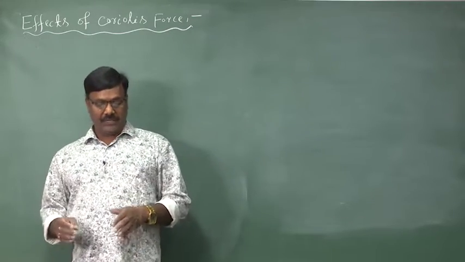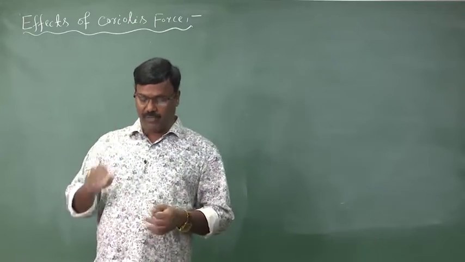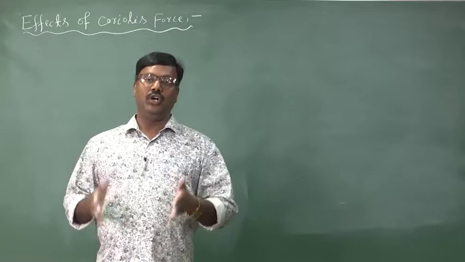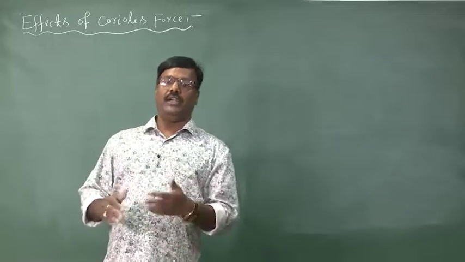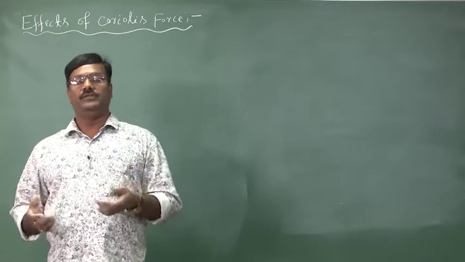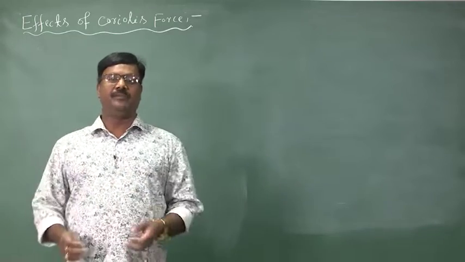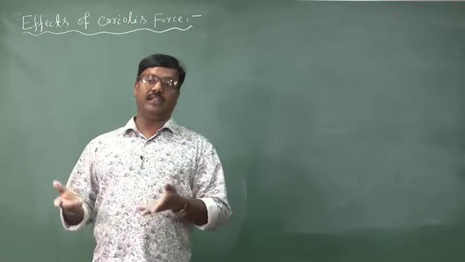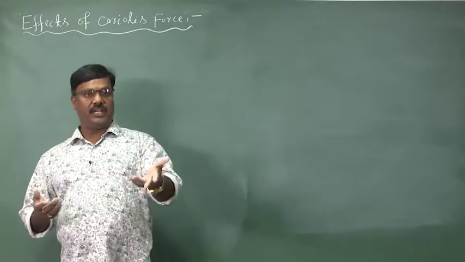And also the rotation of the plane of oscillation of a Foucault's pendulum is affected by the Coriolis force. The effects of Coriolis force I have already discussed, and they are very interesting to know: why a coconut never falls on the head of a man sitting under the coconut tree, why the right bank of a river gets more eroded in the northern hemisphere, and also why the left bank of a river gets more eroded in the southern hemisphere.